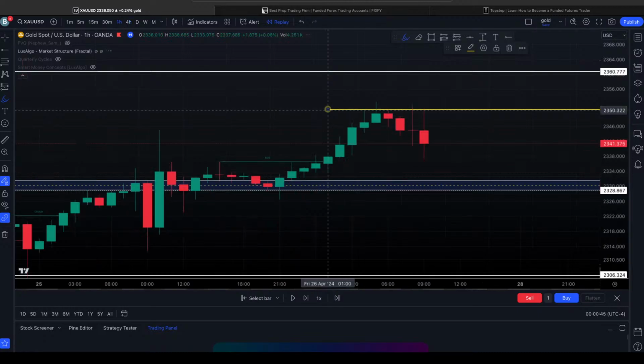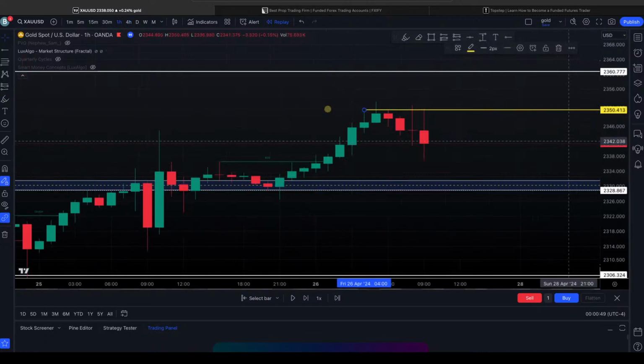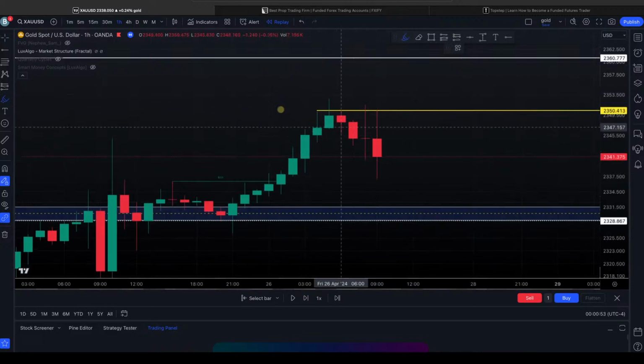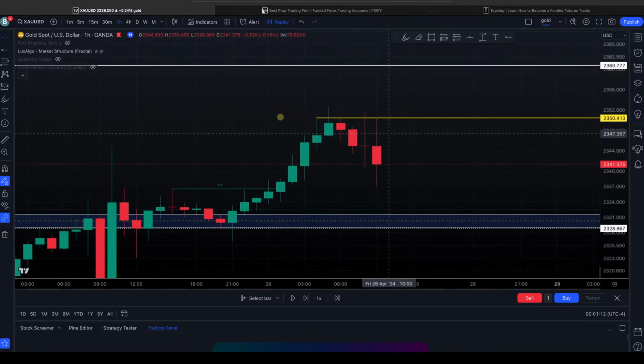So that would be the area right here. So once we did tap that, broke these highs, entry from here to here is already 90 pips, and then we came back up again and did it again.